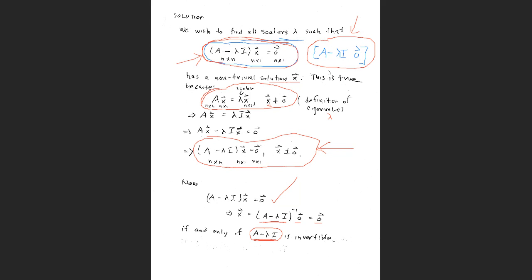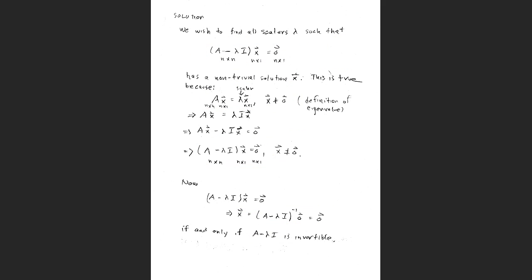If A minus lambda I is invertible, that would mean that this equation here, which we applied in the example in section 5.1, is the equation that we use to determine our eigenvectors.